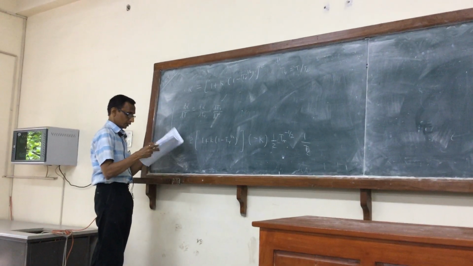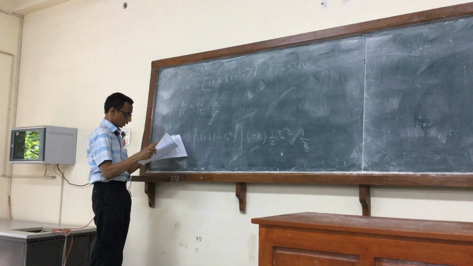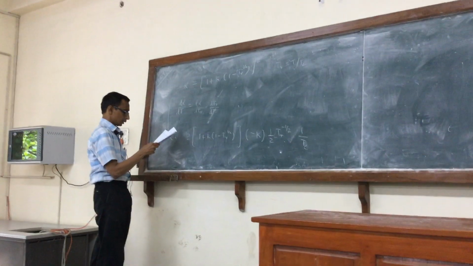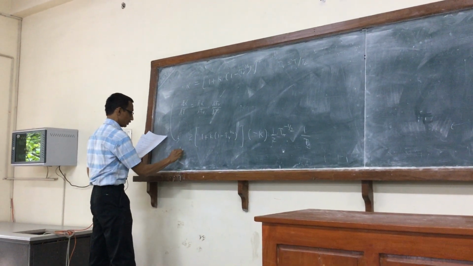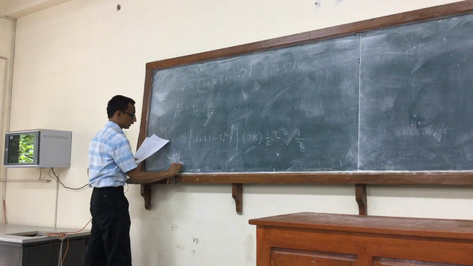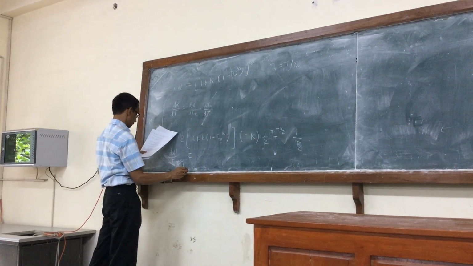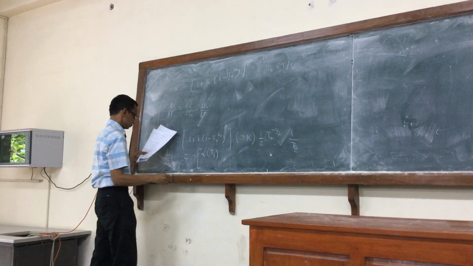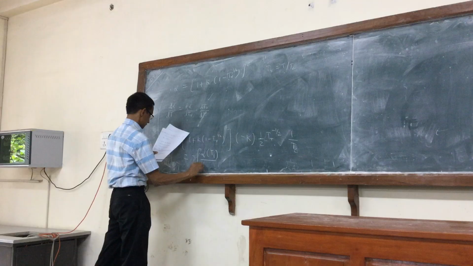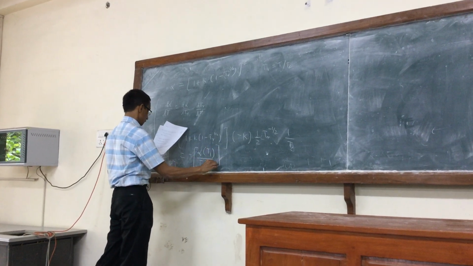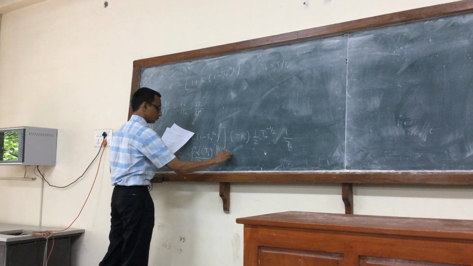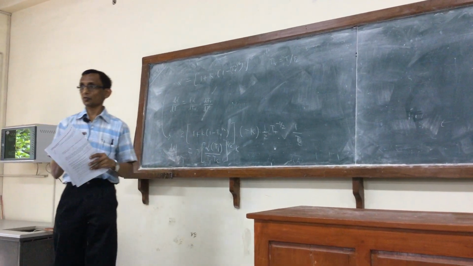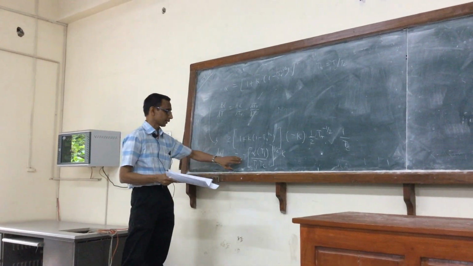I'll just write down the final expression. This would be d alpha by dt at t equal to t1, which is what we want, can be given by minus alpha at t1, evaluated at t1, that is t1 over Tc, power half times kappa, which will be different for different equations of state.